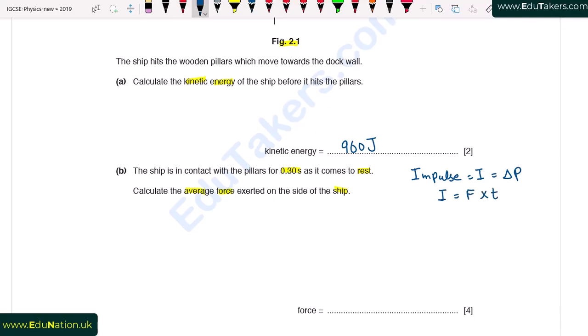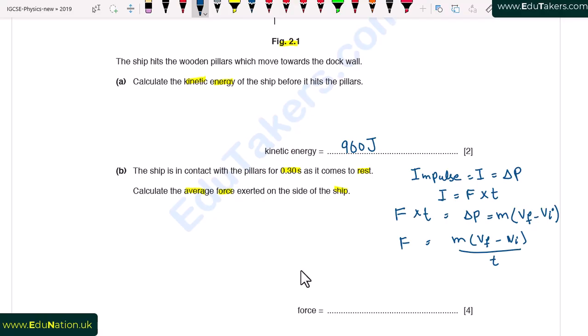So by comparing both of these equations, F × t is equal to delta P, that is change in momentum, and it is equal to the product of mass and change in velocity. Vf is final velocity where Vi is initial velocity. So F will be equal to m(Vf − Vi) divided by time t.